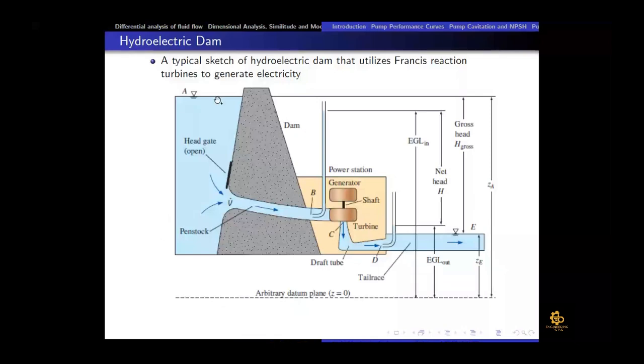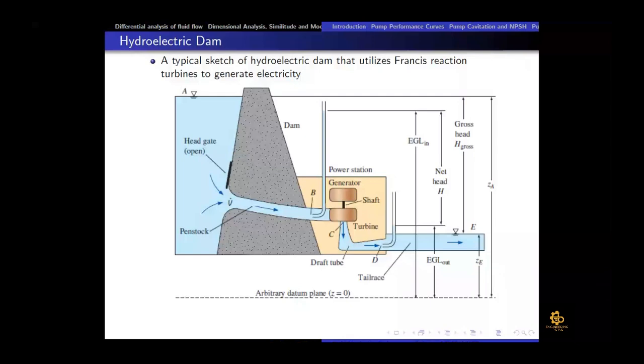There is a reservoir of water, and then there is a head gate. If it is closed, like if we want to do some maintenance on the generator or turbine, then we close this gate and then we can perform the maintenance. Like I think maybe a fortnight back there was some power shortage in the entire country.